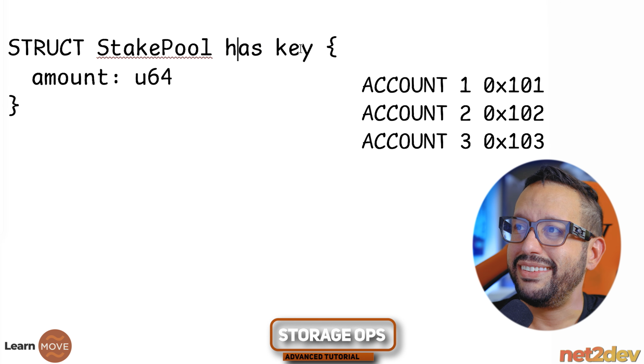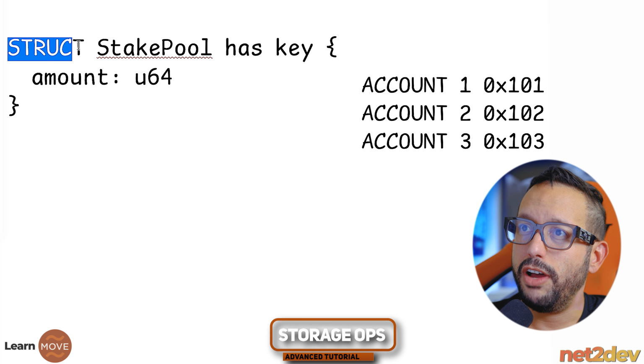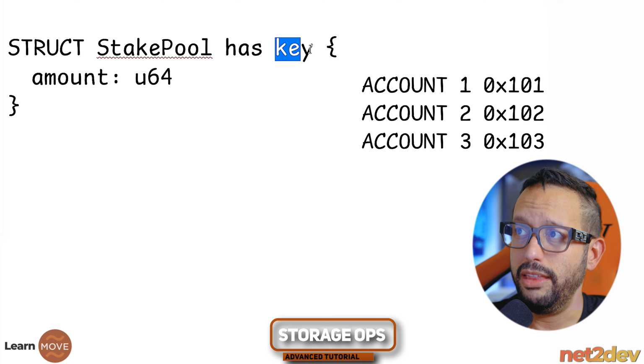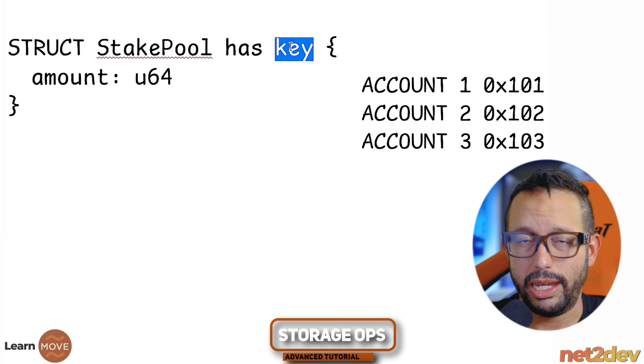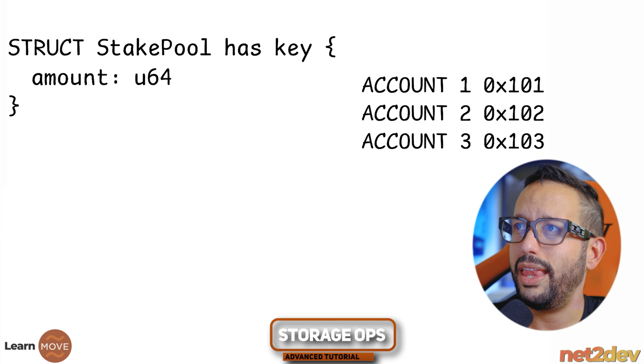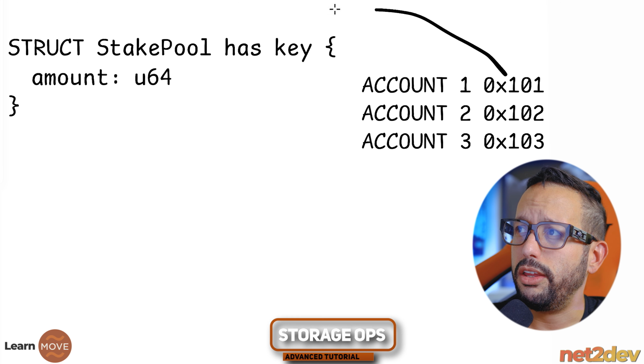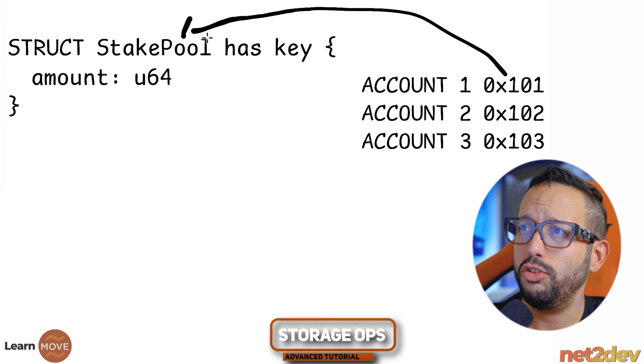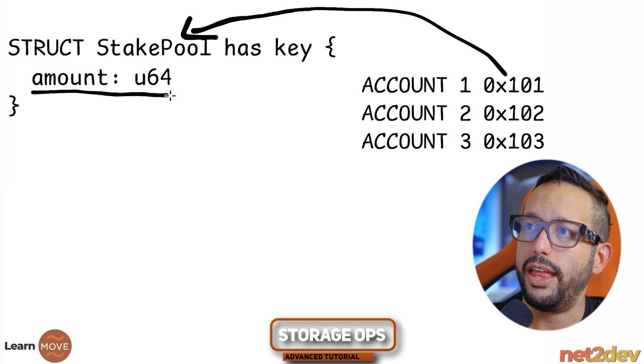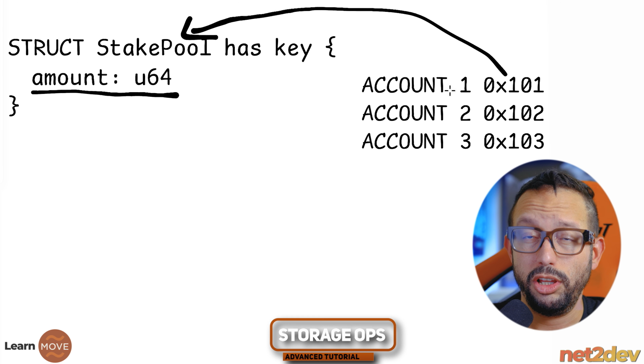When we define a type ability, we will define the struct name and the ability. One of the abilities is key. What key is going to do is allow me to reference a value. I will be able to pass a value to that stake pool that will associate whichever value we stored in that stake pool to an account.